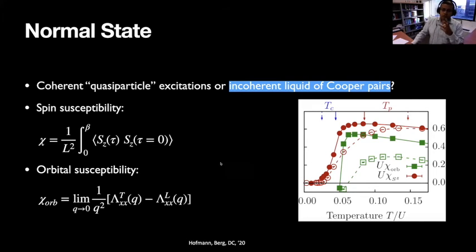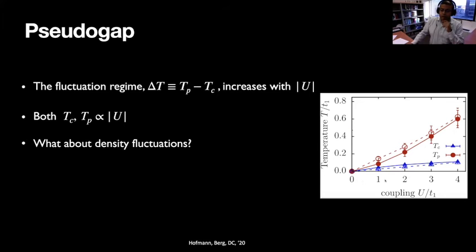Okay, so if I were to use these diagnostics and plot for you how the system behaves as you crank up the ratio of u, what we find is that yes, Tc increases linearly with u, and so does the scale at which the system starts forming local singlets of Cooper pairs, which are fluctuating and starting to develop some kind of diamagnetism.